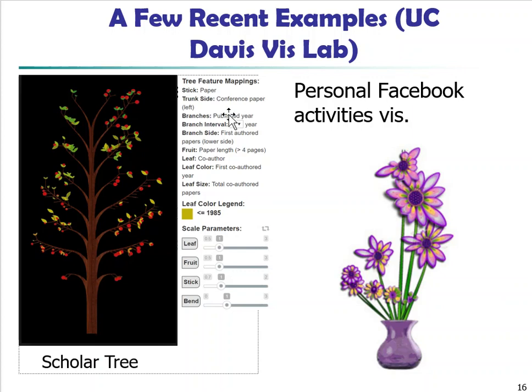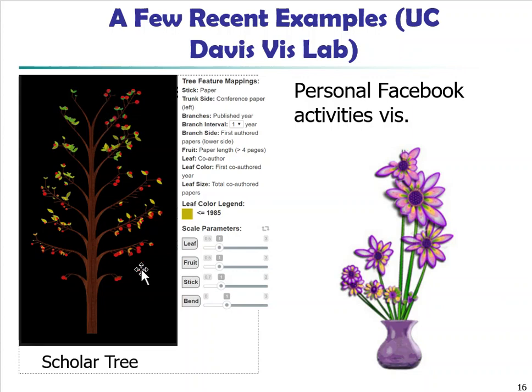Again, you have to memorize a lot of things in order to interpret this tree. But you can see this is a fruitful tree. So the first impression you have is this person is productive as a scholar. If you read those small fonts here, you will be able to tell that in this tree, conference publications are presented on the left of the tree. Journal publications are on the right.